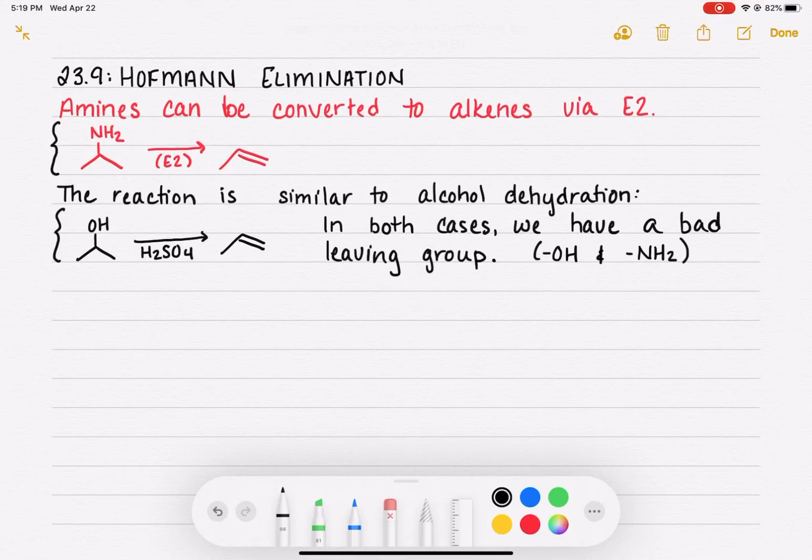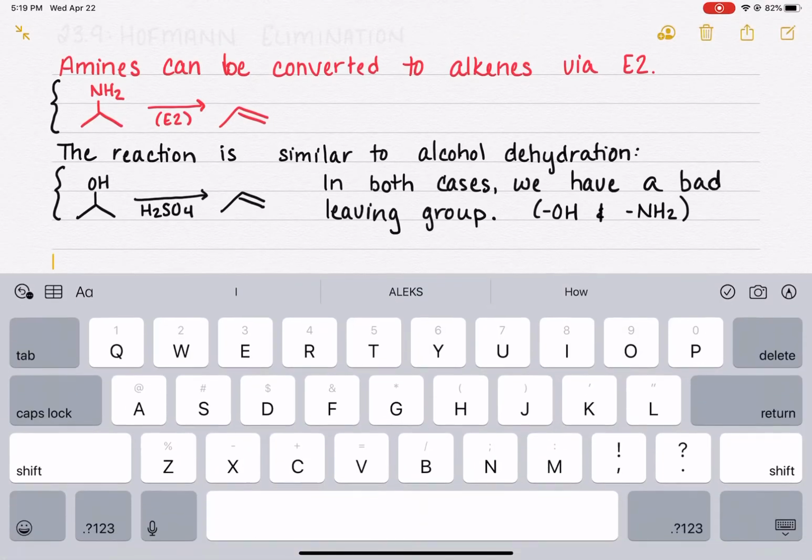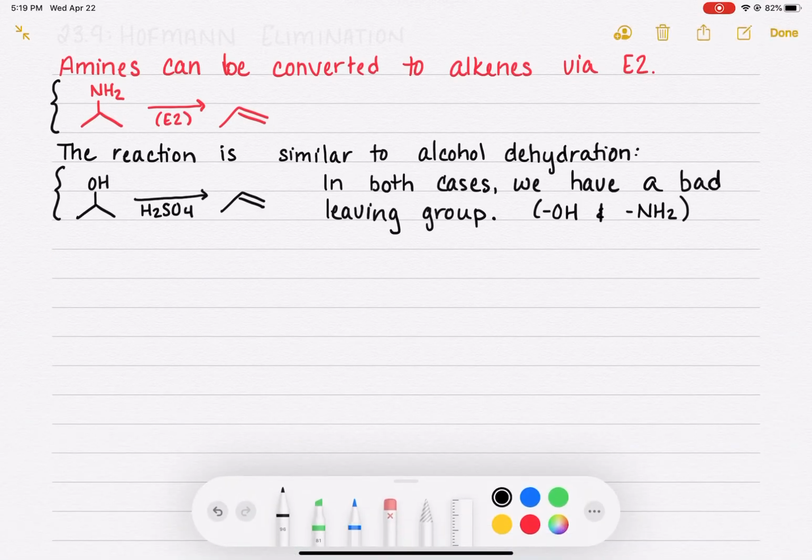We solved the alcohol dehydration problem by protonating the alcohol.